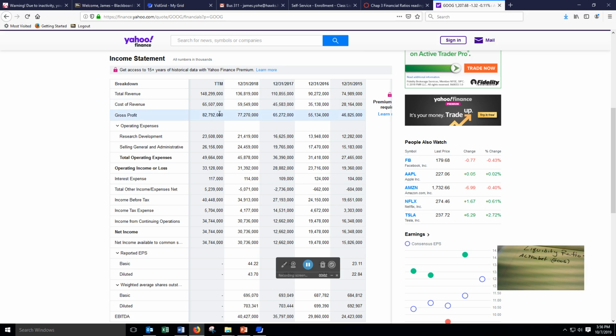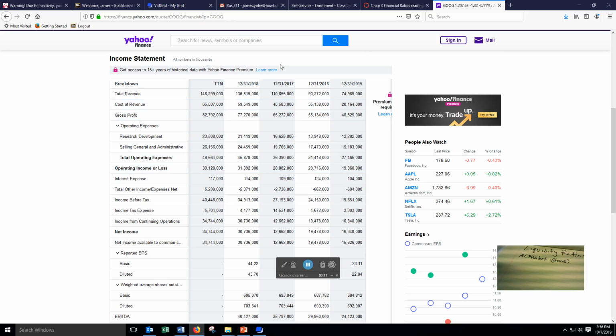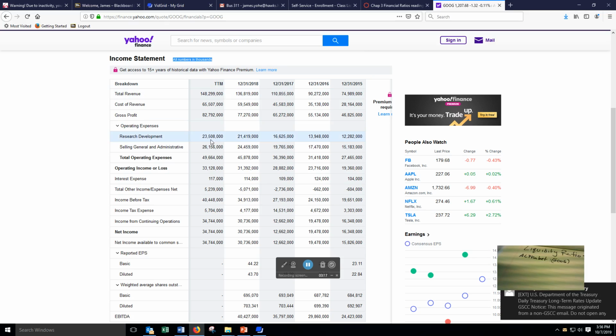You can see it's different here. Then we've got operating expenses. They're totaled here. You subtract those. Now remember, this is in thousands, and you've got to be aware of that. They tell you up there in really small letters. So for total operating expenses, this looks like 49,664,000.